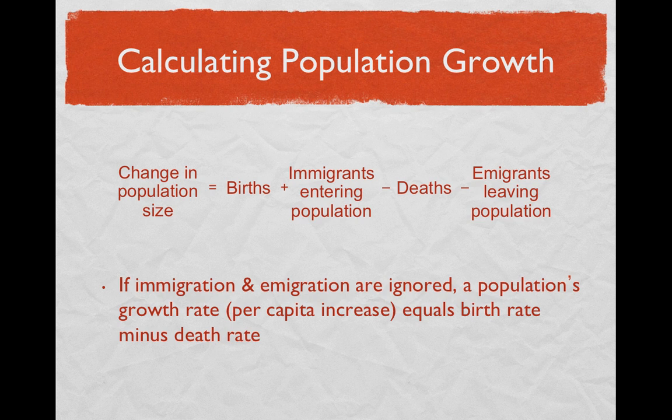So if I'm having more births or more immigration than I'm having death or emigration, my population size change is going to be a positive number, so I'm increasing. Or if the opposite is true and there's more deaths and/or more emigration, it'll be a negative number, and then my population is decreasing. But we're looking at that rate of increase or decrease over some defined period of time.